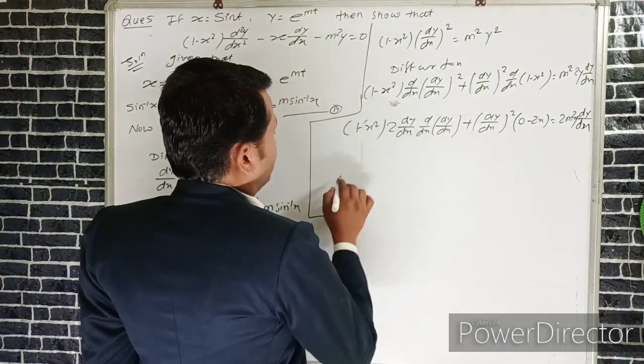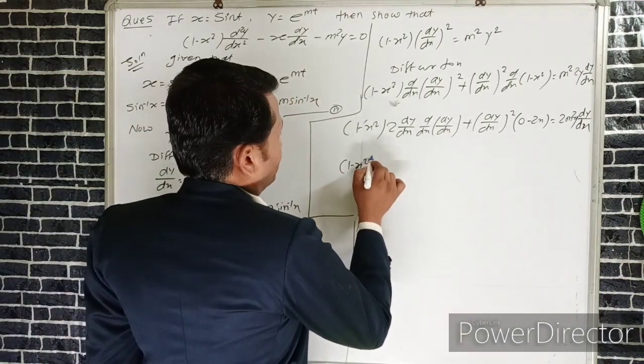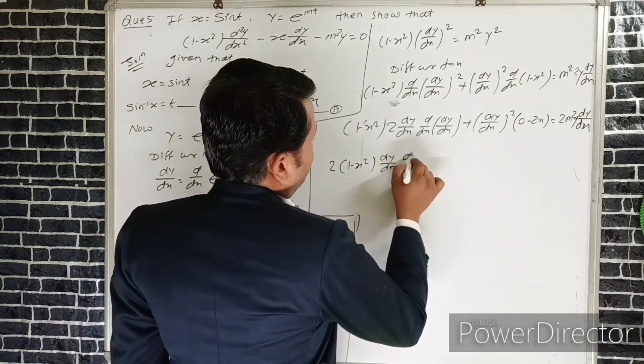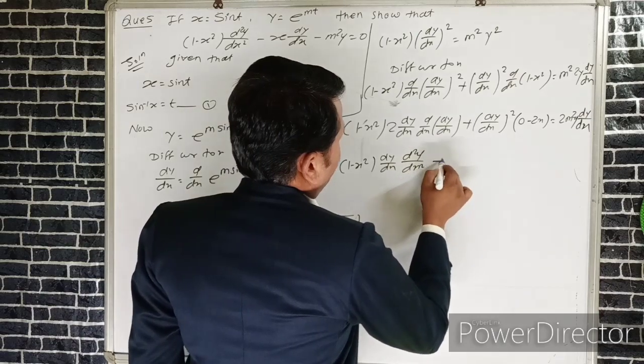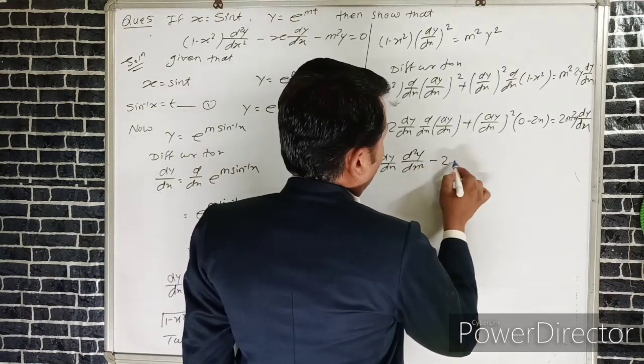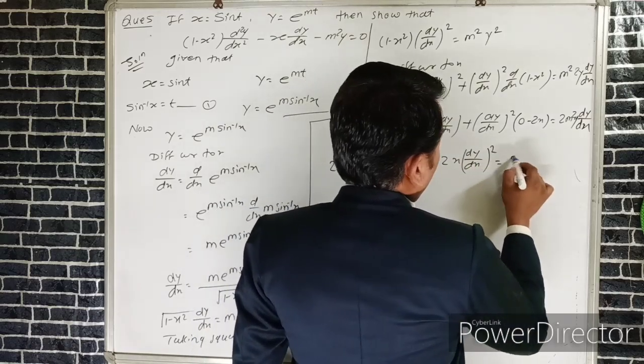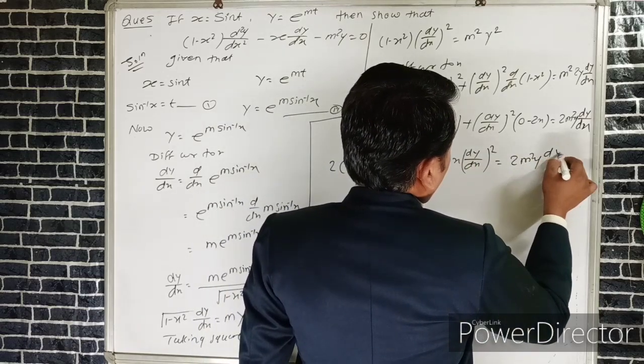Now we can write 1 minus x square into 2 into dy by dx into d2y upon dx square plus minus 2x dy by dx whole bracket square is equal to 2m square y dy by dx.